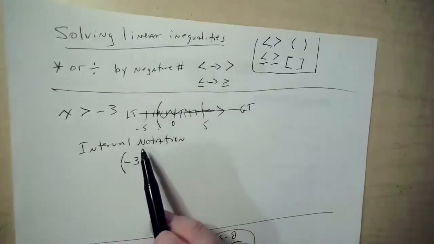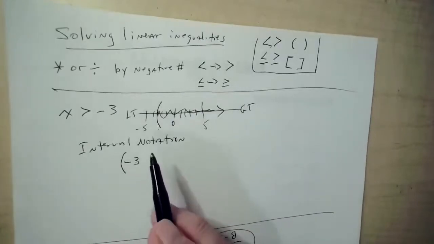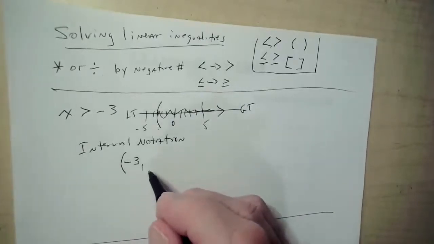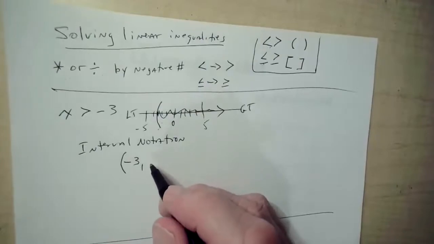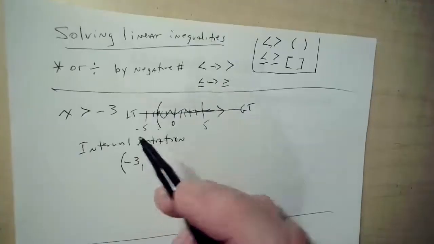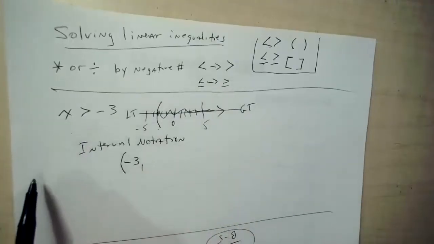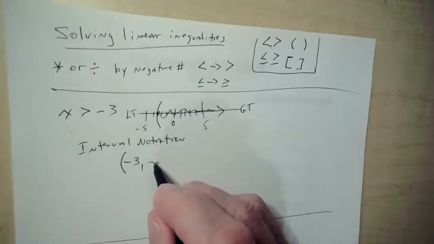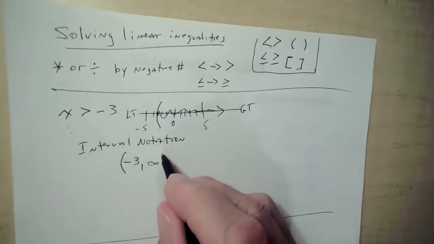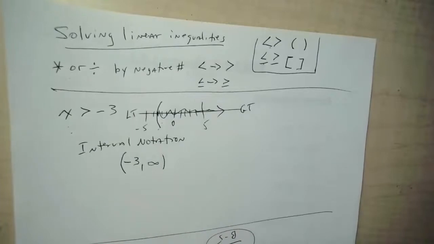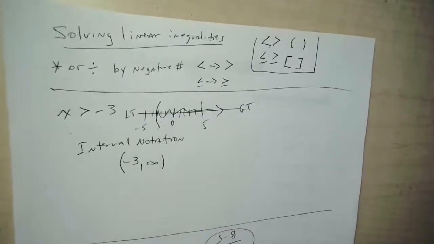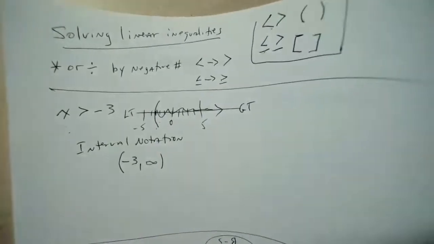We use a parenthesis because it does not include negative 3. What's on the high side? What's the most that x can be? Positive infinity, with a parenthesis because it does not end. Okay?